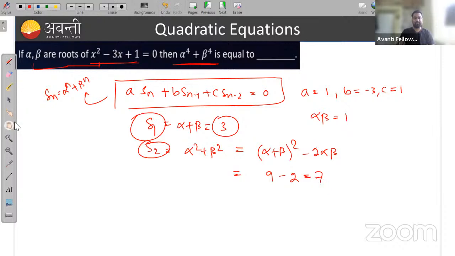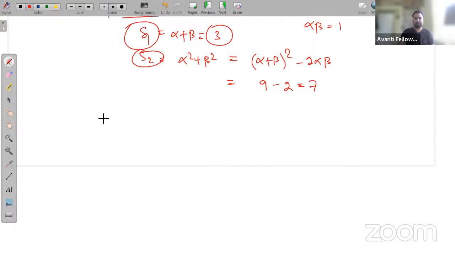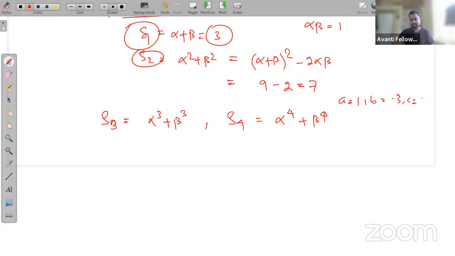Now we need to find S3. S3 is alpha to the power 3 plus beta to the power 3. And we need to find S4, alpha to the power 4 plus beta to the power 4. We have A is 1, B is minus 3, C is 1.